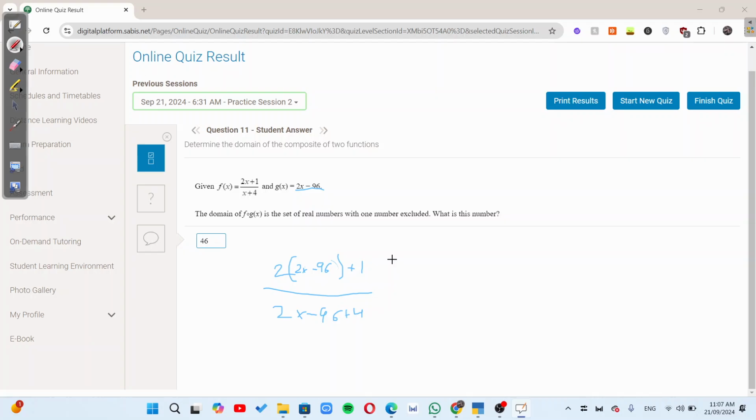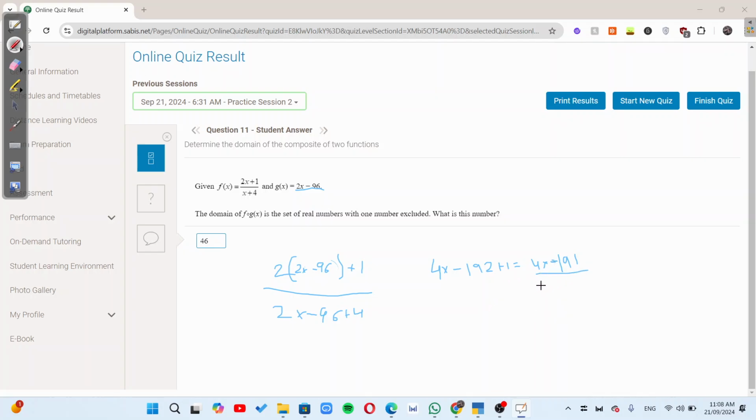So you're going to do 2 times 2, which is 4x, minus 96 times 2, which is 192, and plus 1, which I'm just going to immediately rewrite as 4x minus 191.